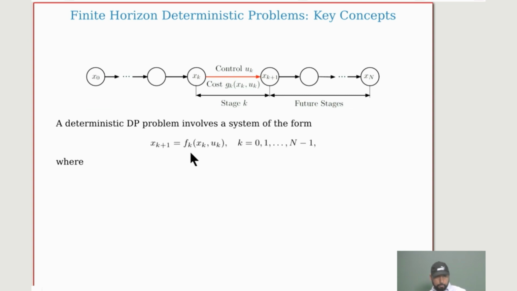It does not have to be a continuous function also. Okay, so this fk, depending on the problem at hand, we will change. A simple thing would be a lookup table or so on, right?